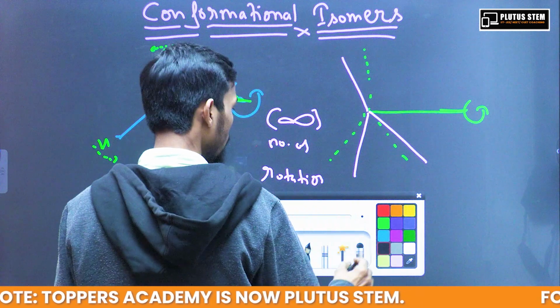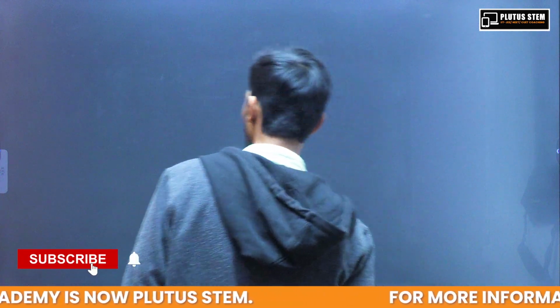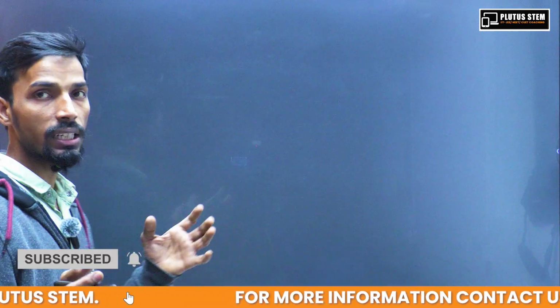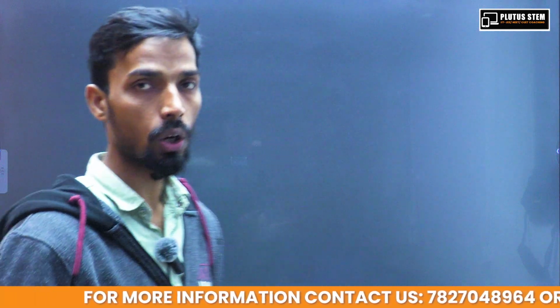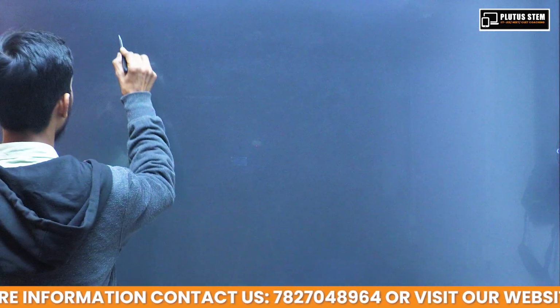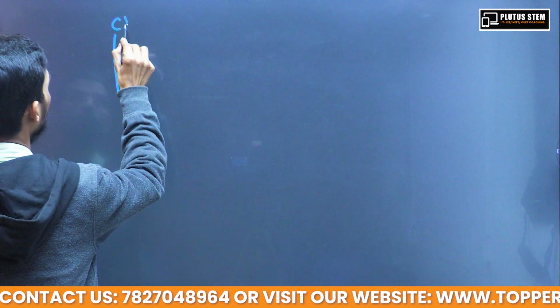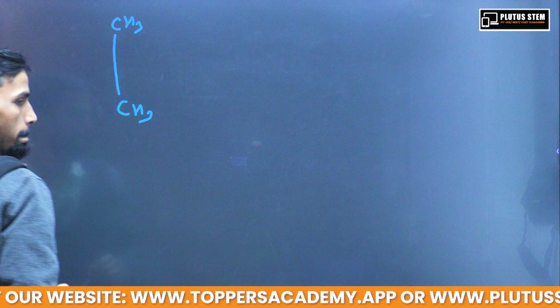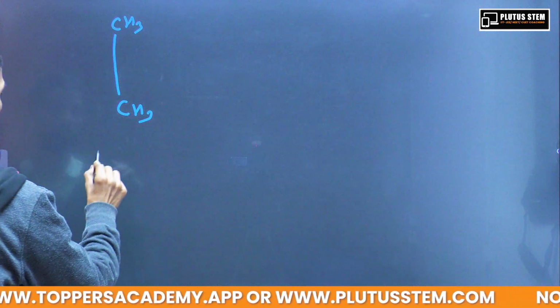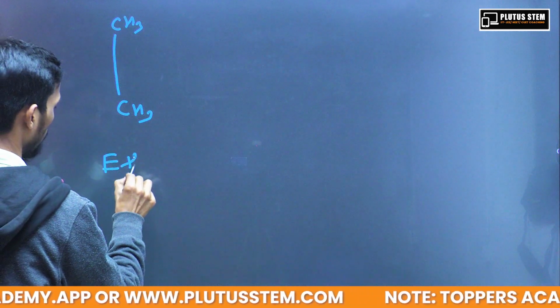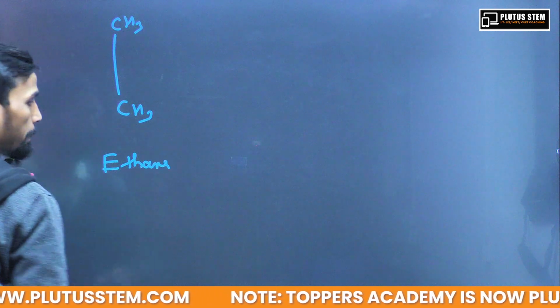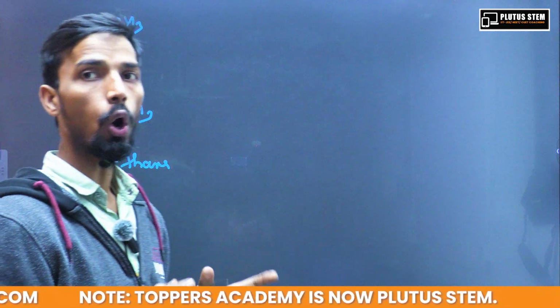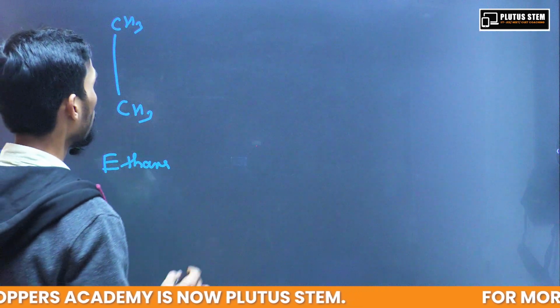Now we will see if the compound has two different stabilized structures, or conformers. Let's say this is our compound, CH3 and CH3, this is ethane. If we draw a sawhorse structure of this compound, it will be like this.